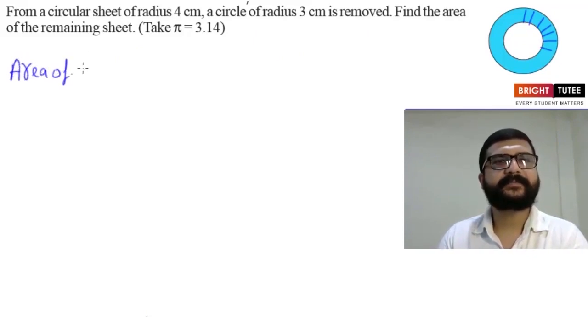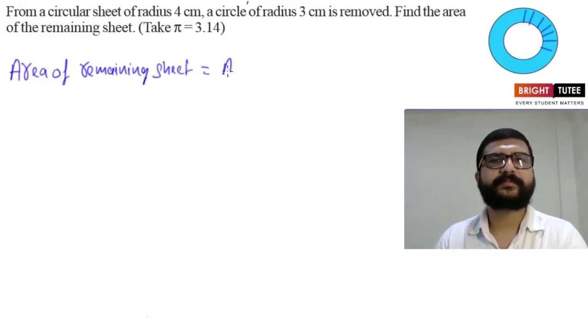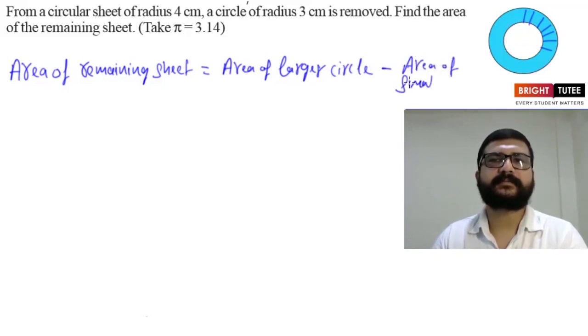So area of remaining sheet will be equal to area of larger circle minus area of smaller circle. By doing this, we will get the required area.